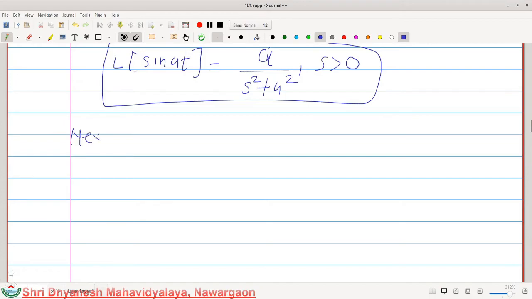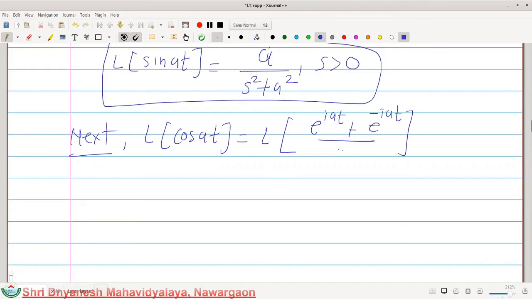Next, Laplace transform of cos at equals the Laplace transform of e to the power iat plus e to the power minus iat upon 2. Here there is no i.